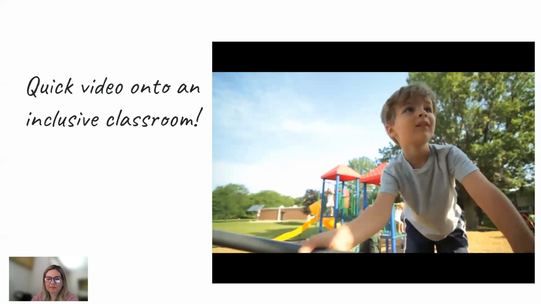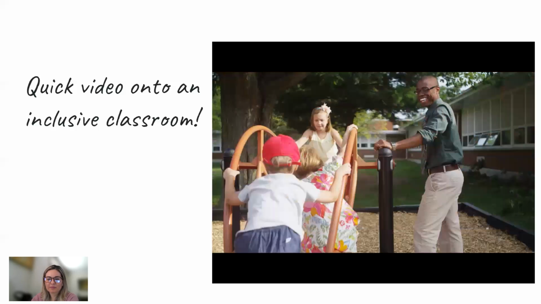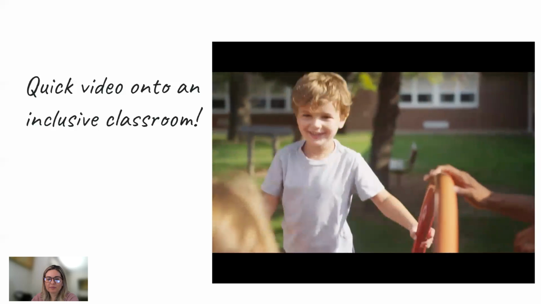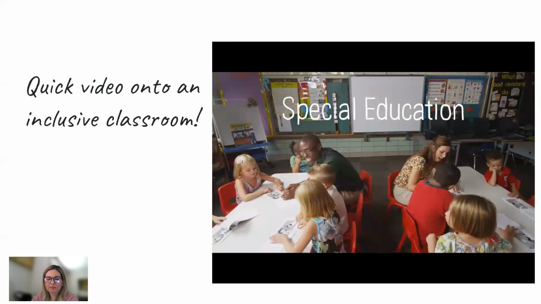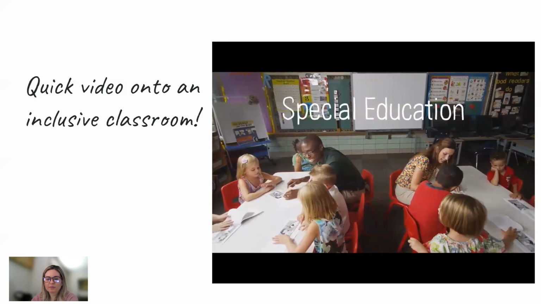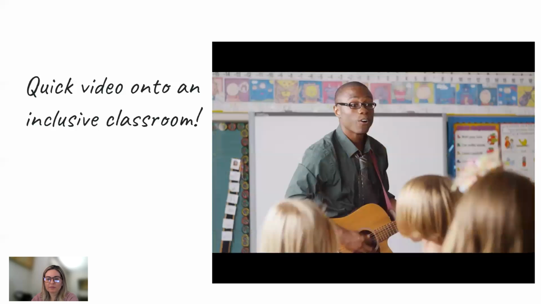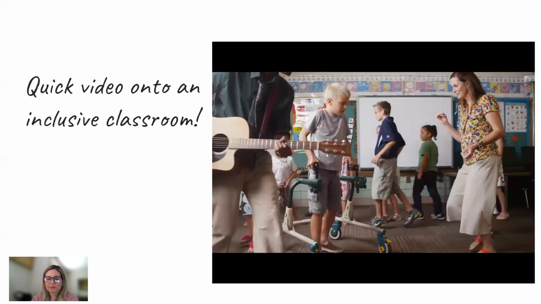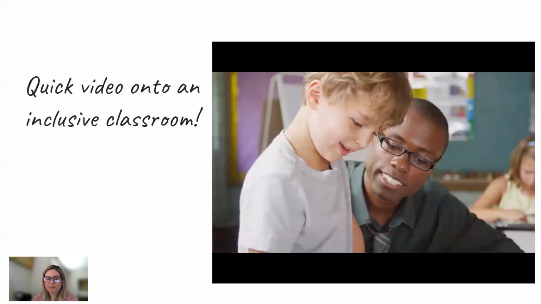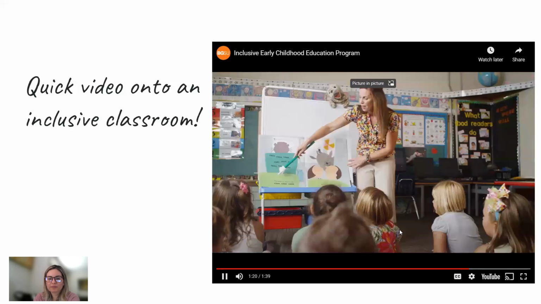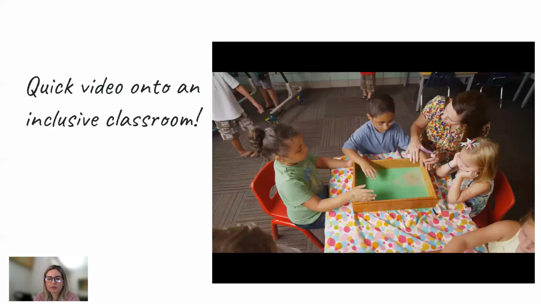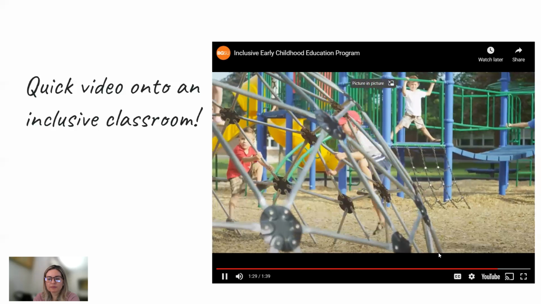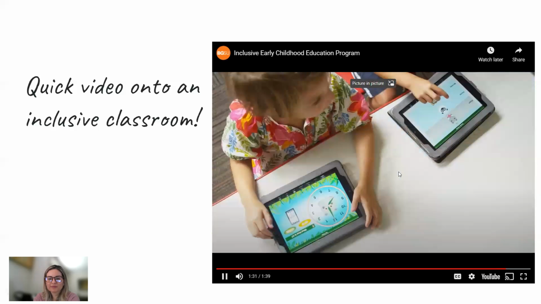The program blends the best practices from early childhood education with special education. Graduates of the program will earn two early childhood teaching licenses, one in general education and one in special education. Teachers from Bowling Green State University's Inclusive Early Childhood Program will be prepared to meet the growing needs of educating young children with and without disabilities in classrooms. I'm glad I have the tools I need to work with students like Aiden. It's been awesome to play an important role in unlocking every student's potential. Join BGSU's Inclusive Early Childhood Program.